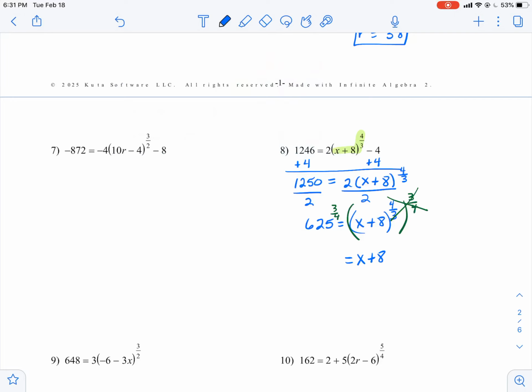And when I go to do the 4th root of 625, and let's see, what would that be? Is it 5? Yep. And then 5 cubed would be 125.